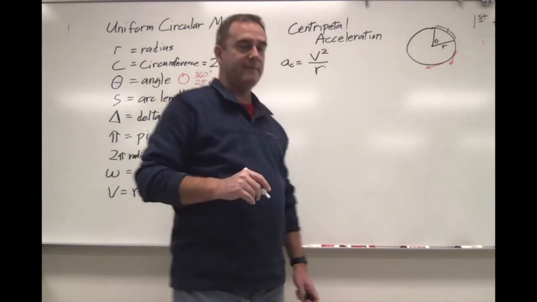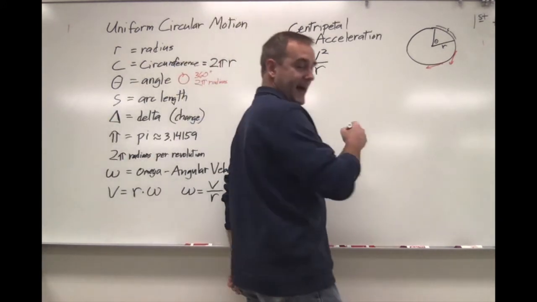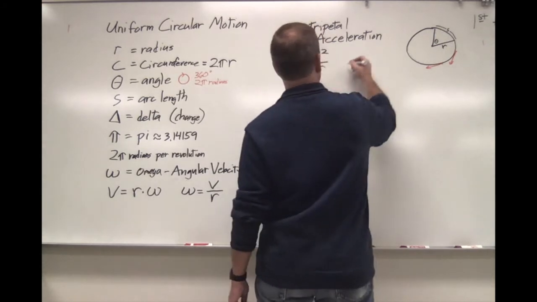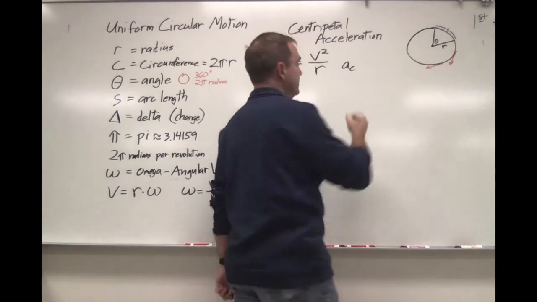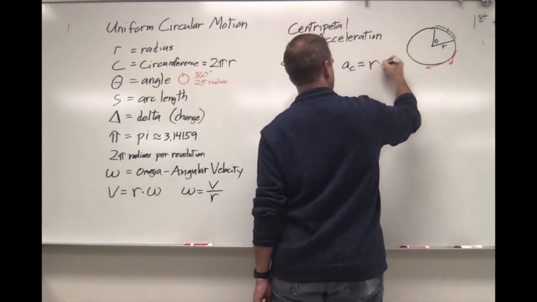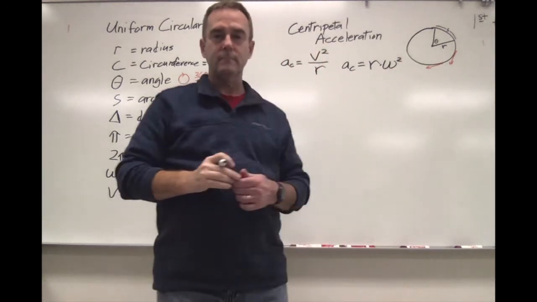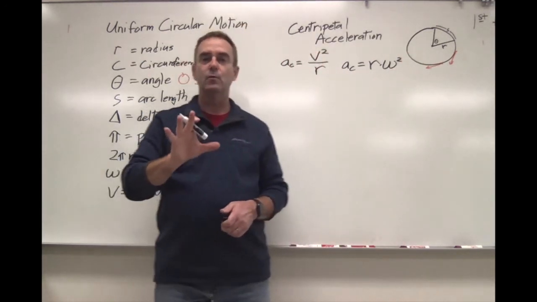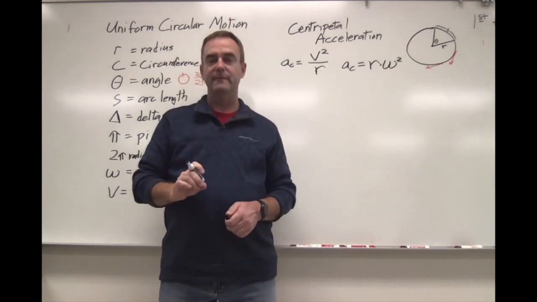I'd also like to have it in terms of my angular speed, and fortunately we've got a formula for that as well. The centripetal acceleration in terms of angular speed is the radius times the angular speed squared. Either formula will work. Either formula will tell you exactly the same amount of information.